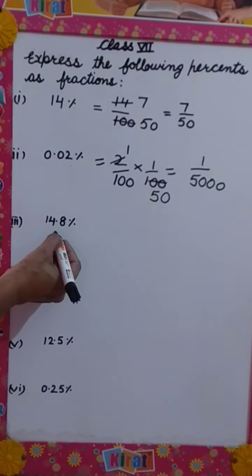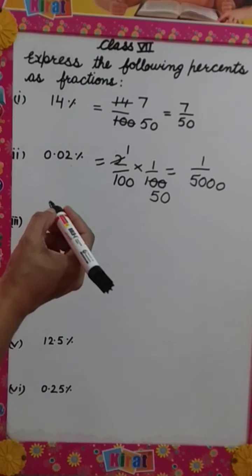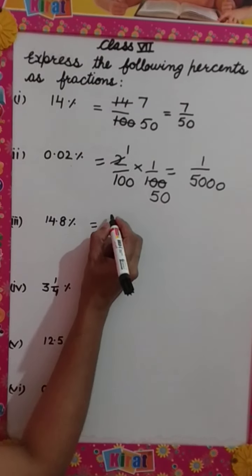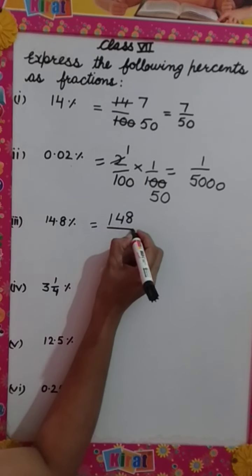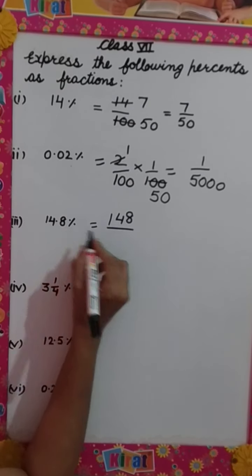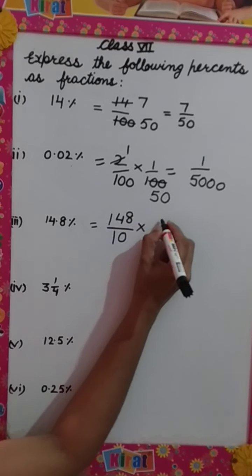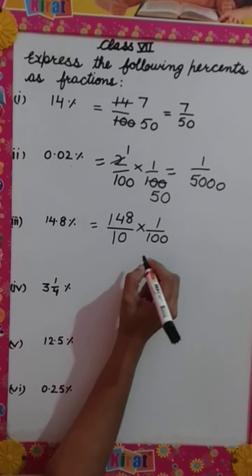Next is 14.8%. It will be equal to 148 over, we will remove the decimal, 10 multiplied by 1 by 100 for percentage.